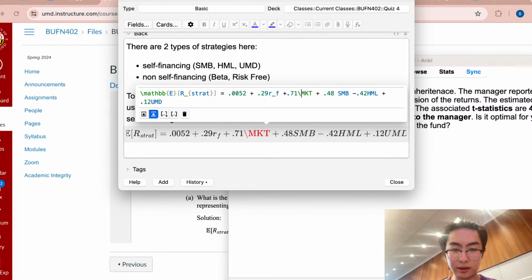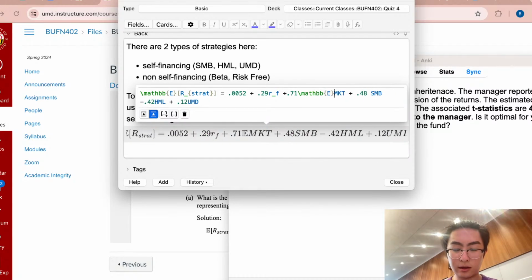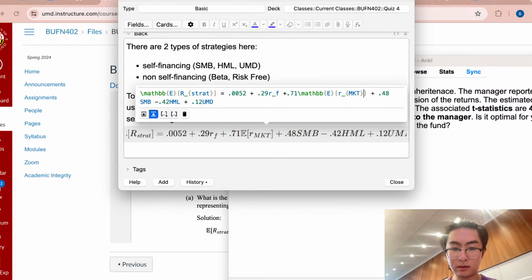So he does the expected return of the market. Right, and then we actually do 0.48.